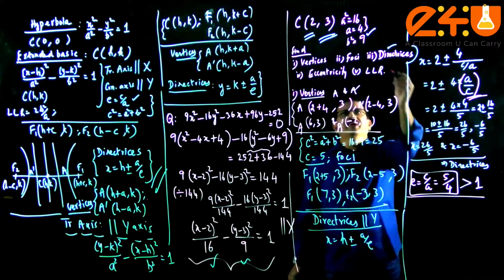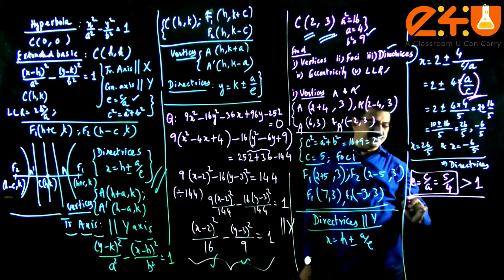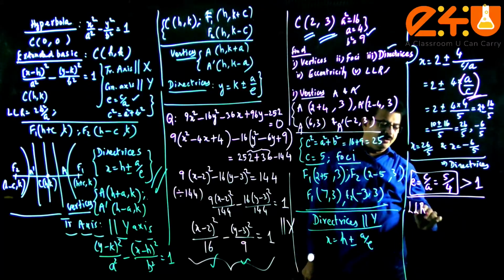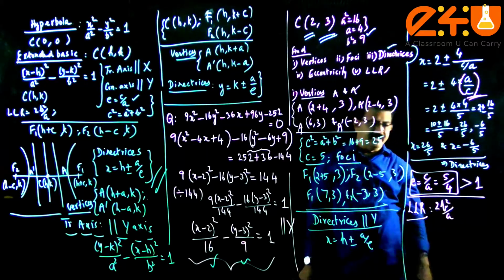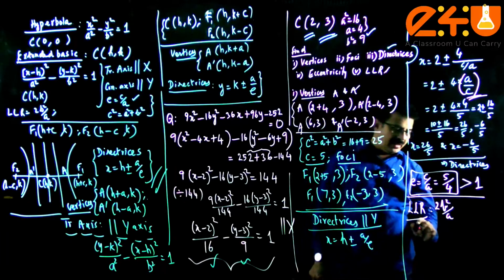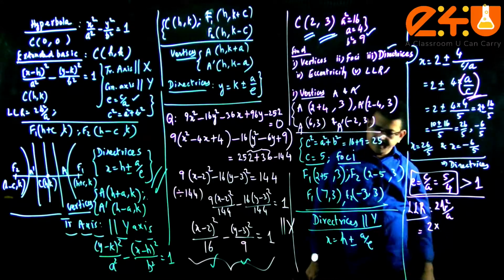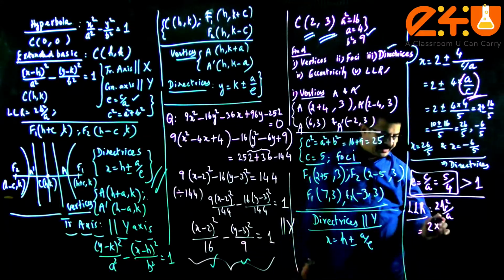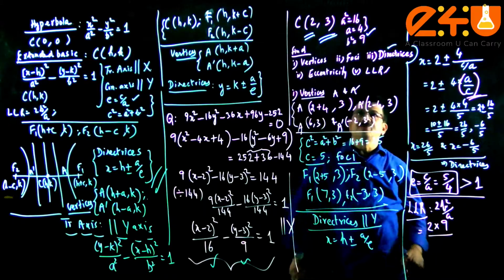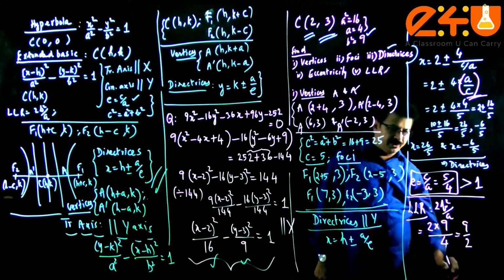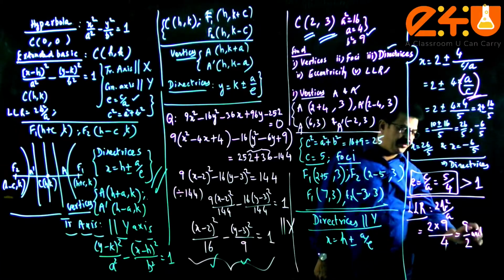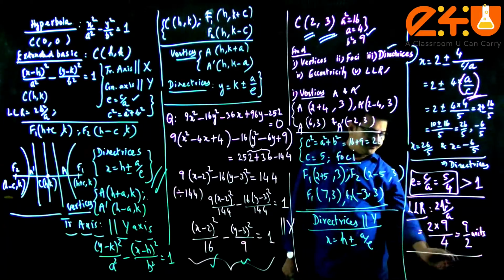Then the length of the latus rectum, LLR, the expression, very simple expression, it doesn't change, 2 times b squared by a, yes, b squared is 9 here, a value is 4, so it is 9 by 2 units long, the length of the latus rectum.